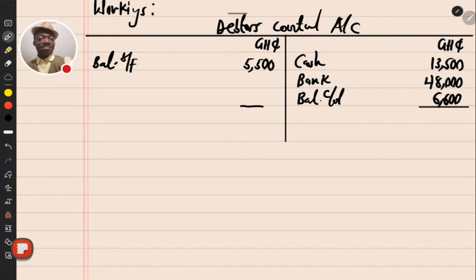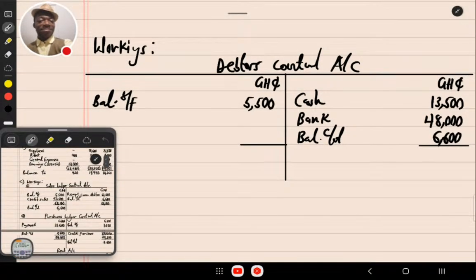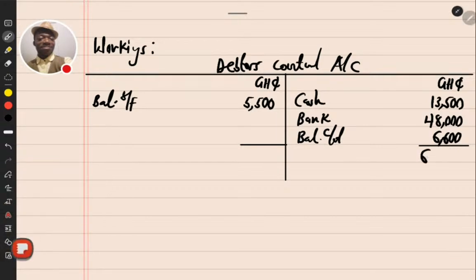So what will be the total for debit and credit? For the credit side, we're supposed to get a total value of 68,100, and here as well 68,100. So on both sides we are getting 68,100. Then we have to find the difference between the debit side and the credit side.